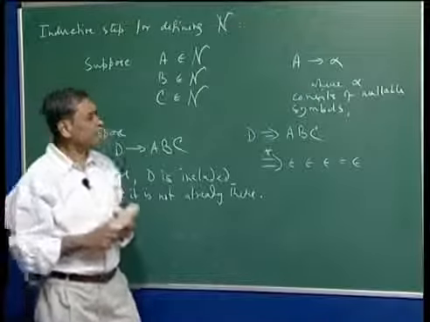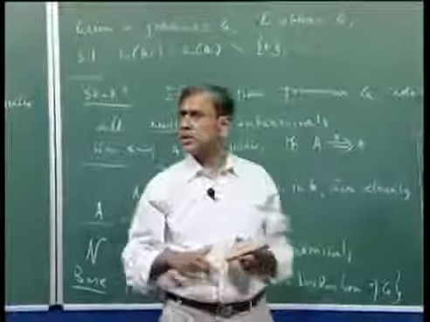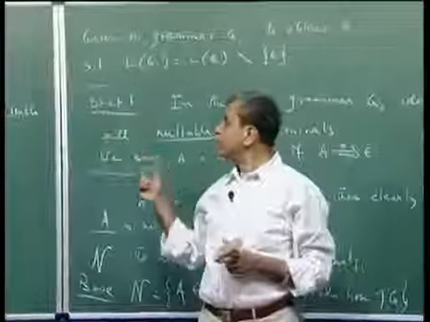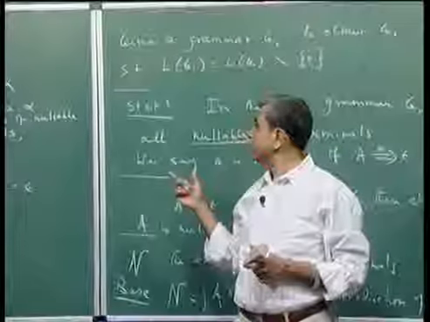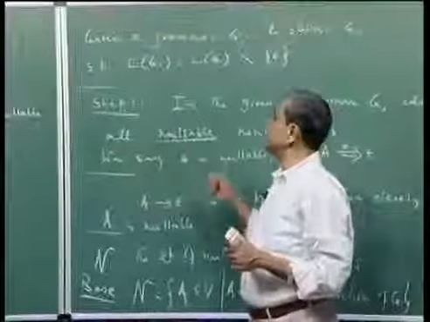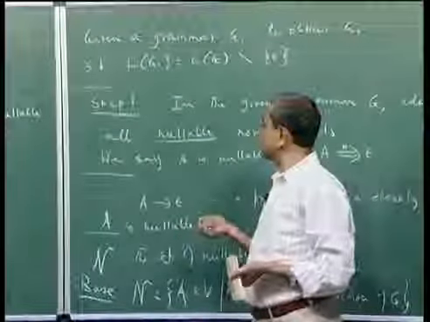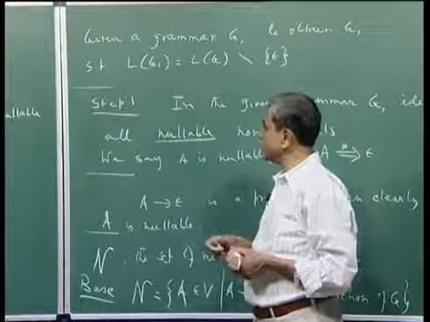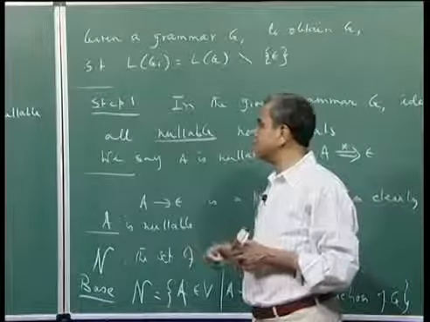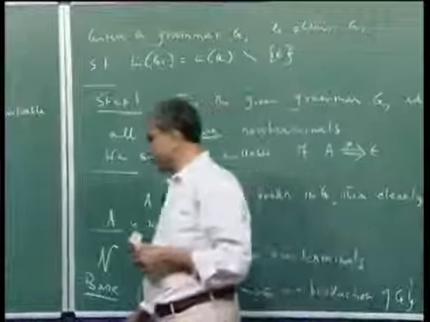How many times can this iteration go on? Clearly, at most the number of non-terminal symbols in the set of non-terminals. It cannot exceed that, it will be less than that, because you already have some members to begin with.